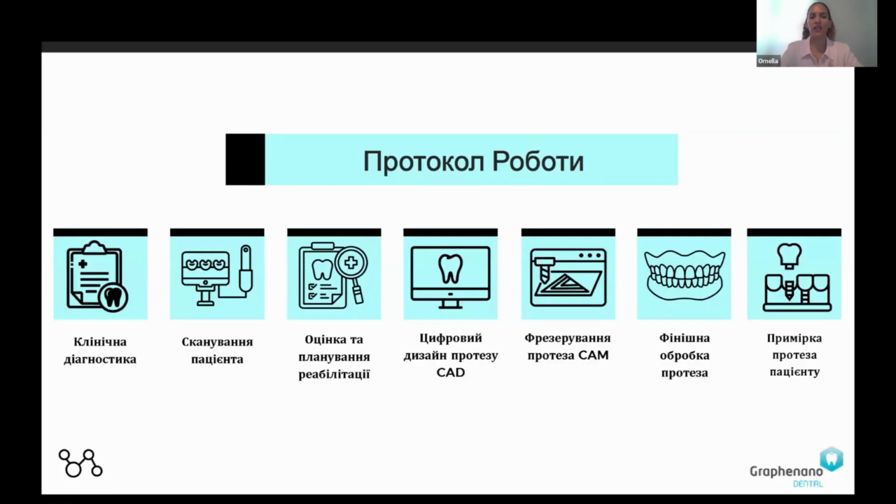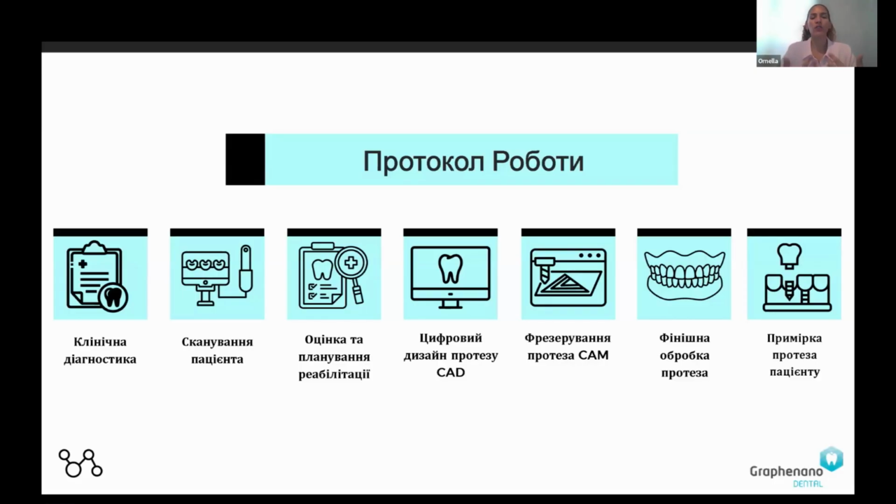So here is the workflow that we are going to follow. Initially, the patient comes to the clinic, okay? The doctor should fill in all the information they can about this patient. This is going to be very helpful to the lab to finally establish the best treatment, and also to design the dental prosthetic.